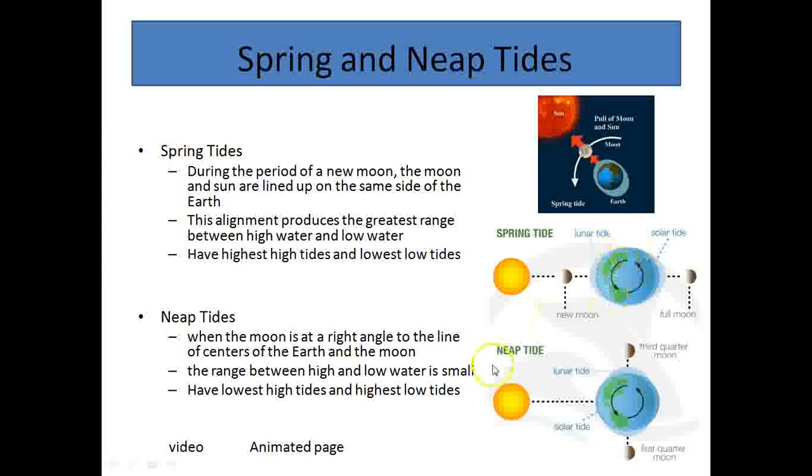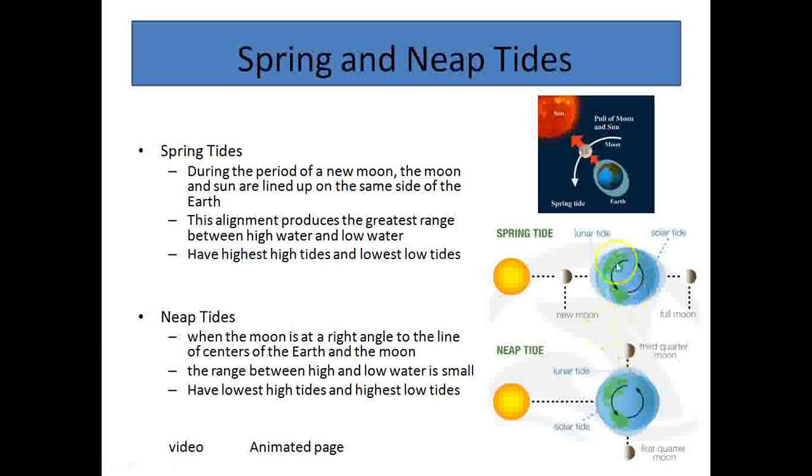And the neap tides happen when, if you drew a line from the sun to the middle of the Earth and the moon to the middle of the Earth, you can see that they meet at a 90-degree angle. So the poles that they have on the ocean are exactly, they're the greatest they can be against each other.